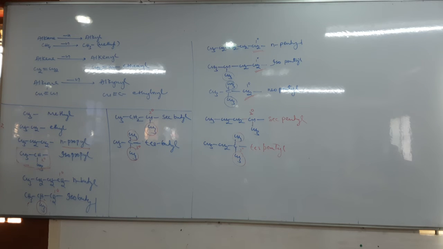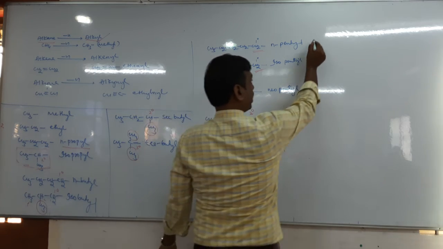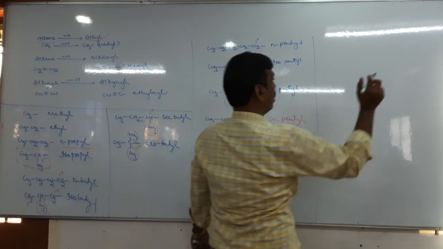So it is about alkane, alkyl. Next, similarly we have alkene, alkenyl, alkyne, alkynyl. Some more examples for that category. Let us take alkene.